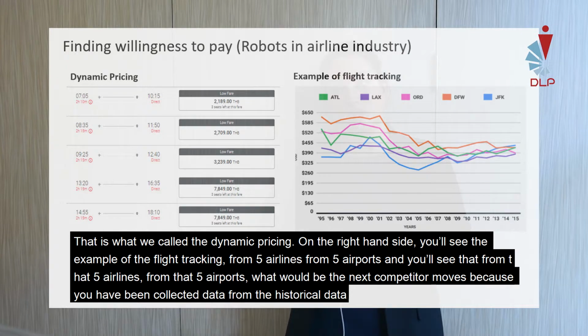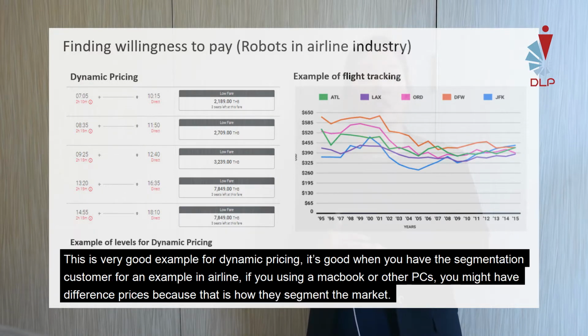On the right-hand side, you will see an example of flight tracking from 5 airlines and 5 airports, and from that you are able to see the next competitor move because you have collected the historical data. This is a very good example of dynamic pricing.